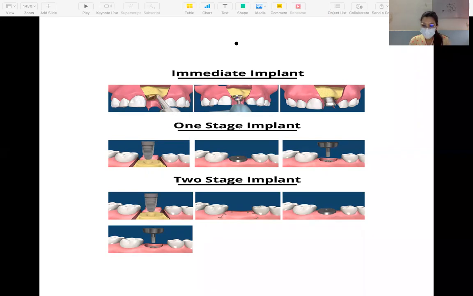You can talk about the success of these implants by your own practice and development of skill over a period of time, right? So there are immediate implants, one-stage implants, two-stage implants. Two-stage implants, like I said, are the conventional implant placement techniques.